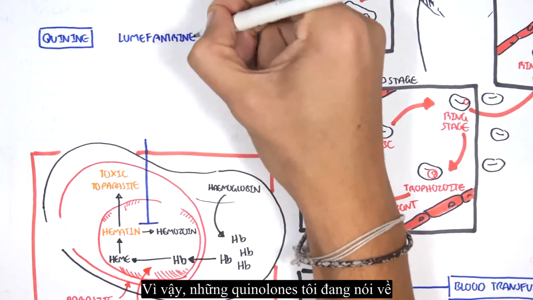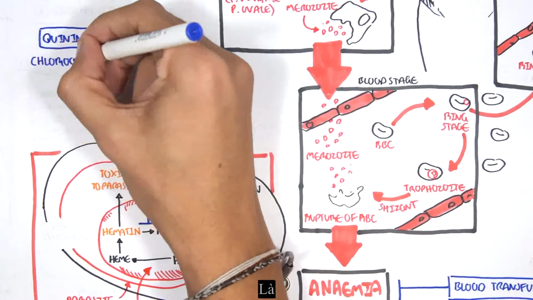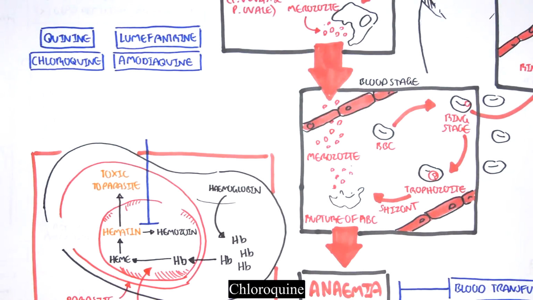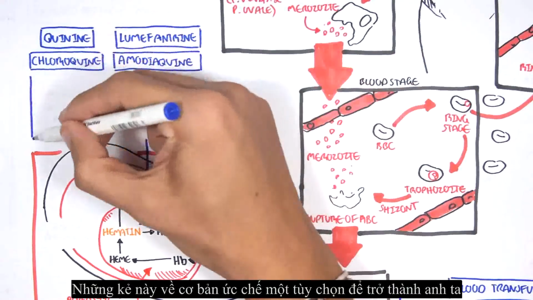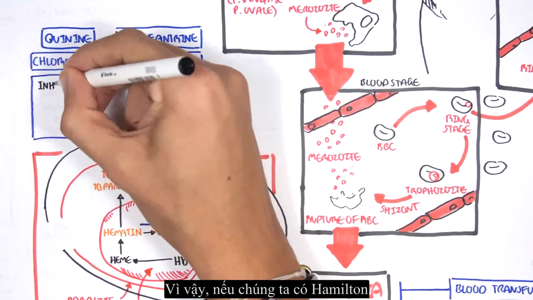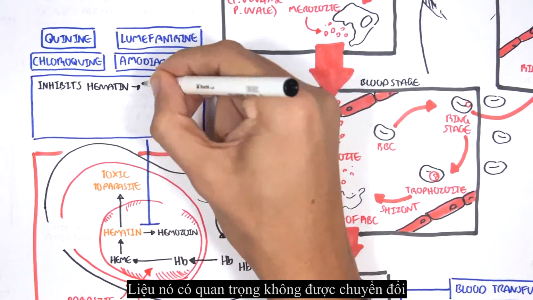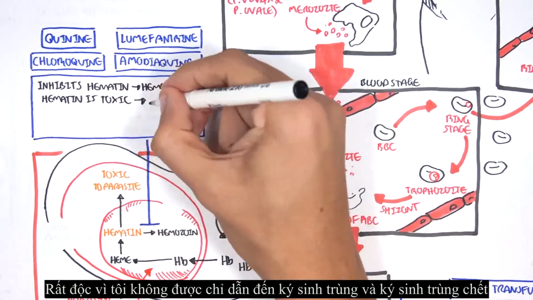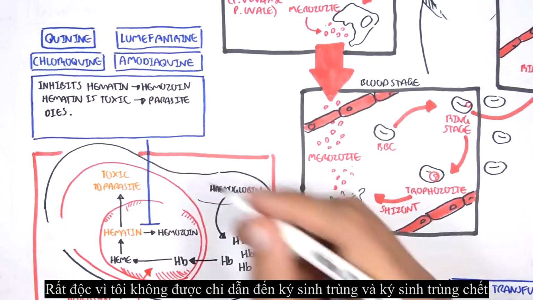These quinolones I'm talking about are quinine, lumefantrine, chloroquine, and amodiaquine. I hope I pronounced these right. These quinolones essentially inhibit hematin from becoming hemozoin. Thus, if hematin is not converted, it will be very toxic to the parasite, and the parasite dies.